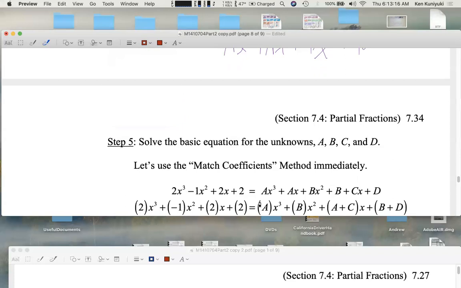Because when we match up the coefficients, we're assuming that there are plus signs in front, and then the good stuff is in the parentheses. So we want to match up the contents of these parentheses here. And we don't have to worry about the fact that we have plus signs out here. If you see a minus 1x squared, make it plus a negative 1 times x squared.